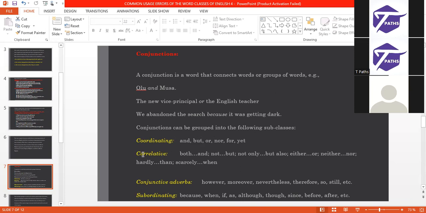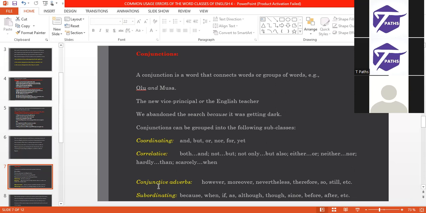Look at the next one, correlative conjunctions. Both and, not but, not only but also, either or, neither nor, hardly than, scarcely when. When you use these words, they are correlative conjunctions in nature.